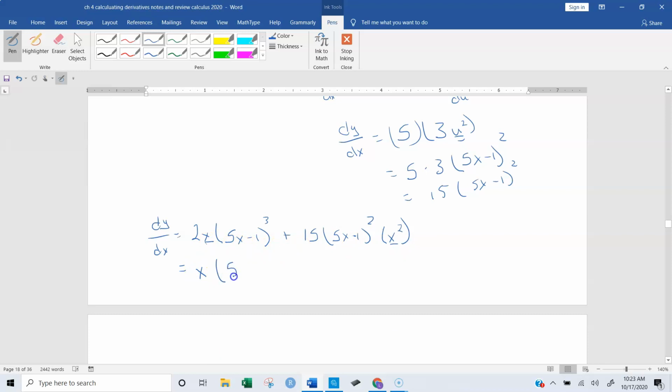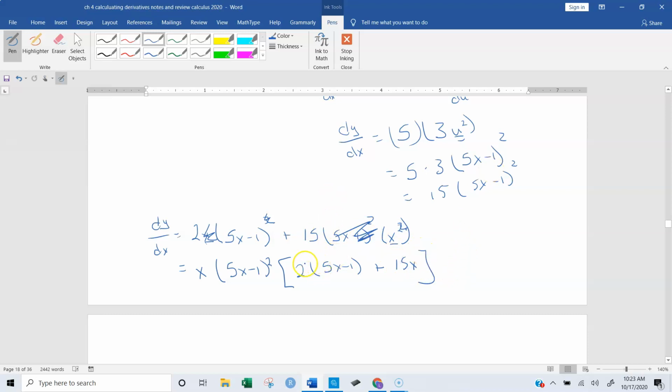I have a (5x minus 1) squared in common, and that's all we have. So now what's left, if I take out the x and the (5x minus 1) squared, I will have 2 times (5x minus 1) plus, now here I took out only one x, 15x.